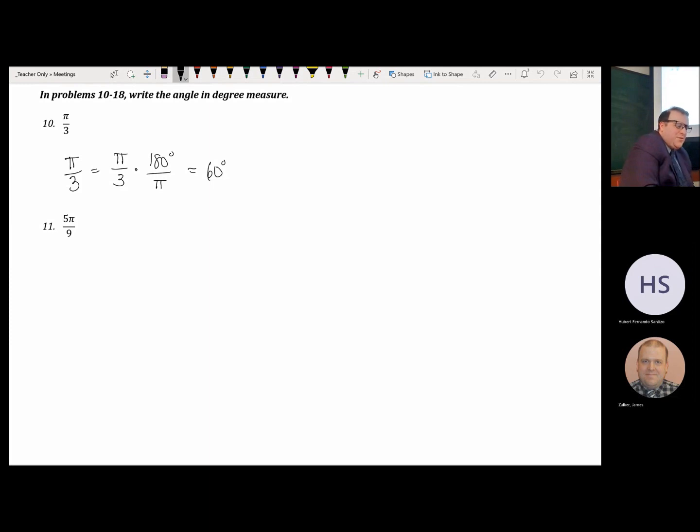You're dividing by 2 pi and then multiplying by 360, which is the exact same as 180 over pi. Same conversion.